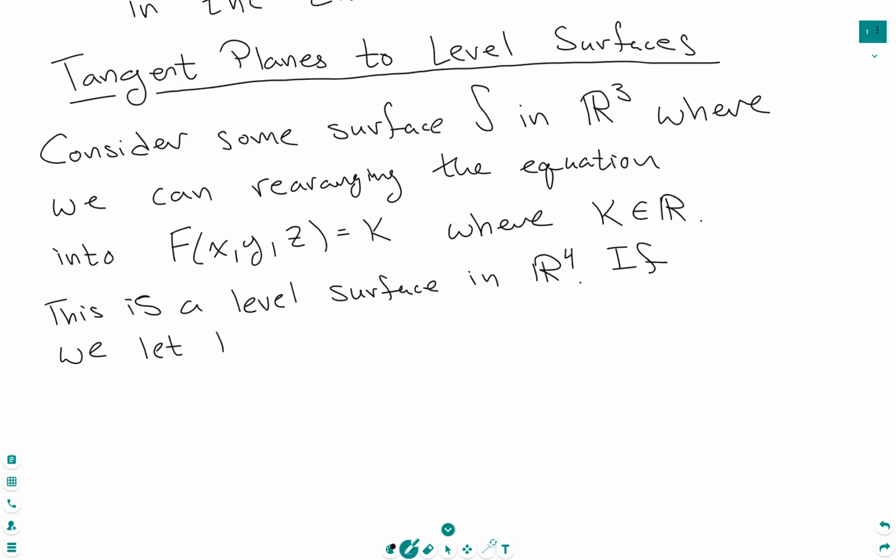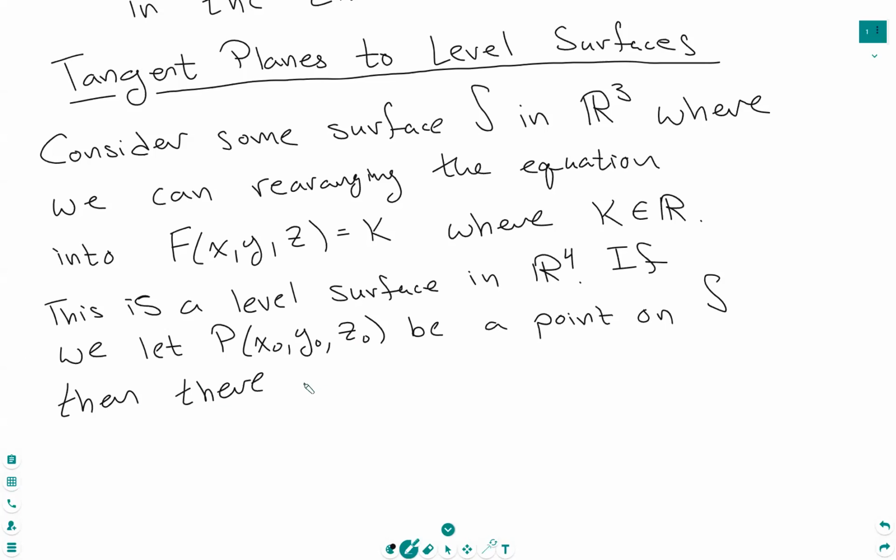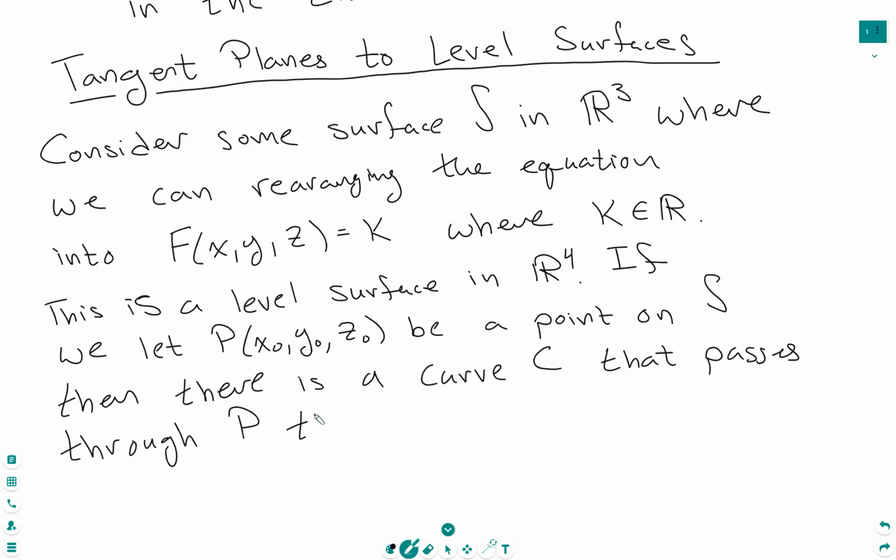If we let P at (x naught, y naught, z naught) be a point on S, then there is a curve that we'll call C that passes through our point P, but it also lies on S. So right now we're still setting up.